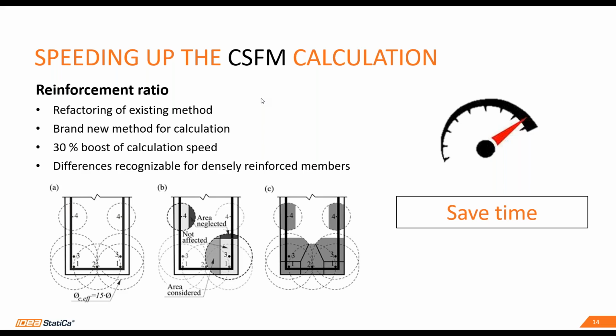Thanks to a complete refactoring of the new reinforcement ratio calculation, where the reinforcement itself was mapped into the model, the calculation speed was increased by 30%. These differences are noticeable for elements that are very strongly reinforced with wire fabrics. So you are getting more time for other things, because we are saving your time during the calculation.